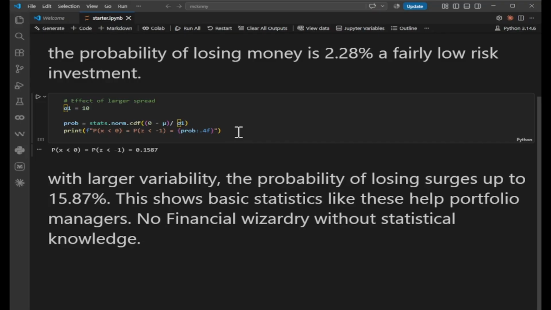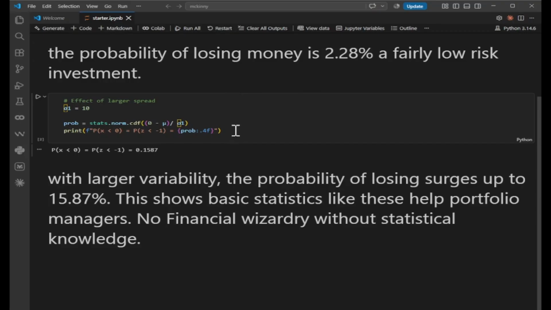You can also evaluate whether that portfolio manager has real expertise on the basis of real statistical understanding or not. The probability of losing here is very, very small, so there is a large chance of succeeding with this investment.